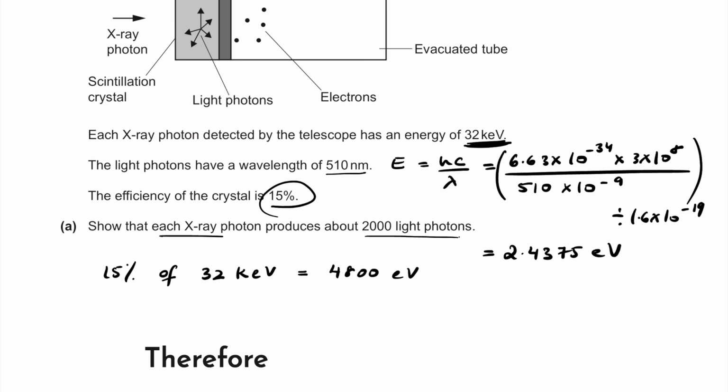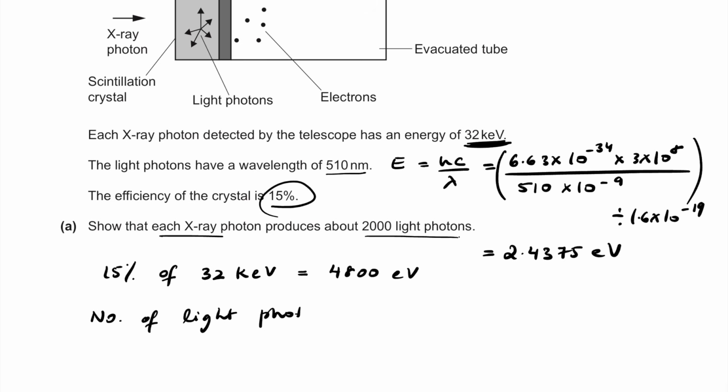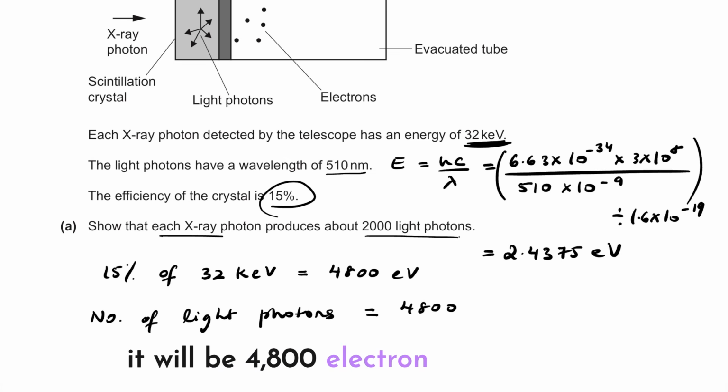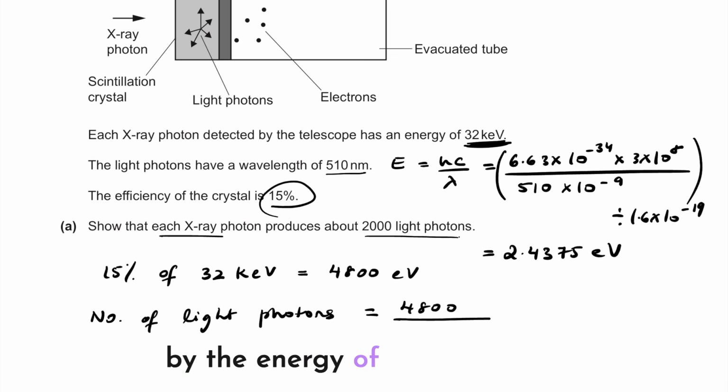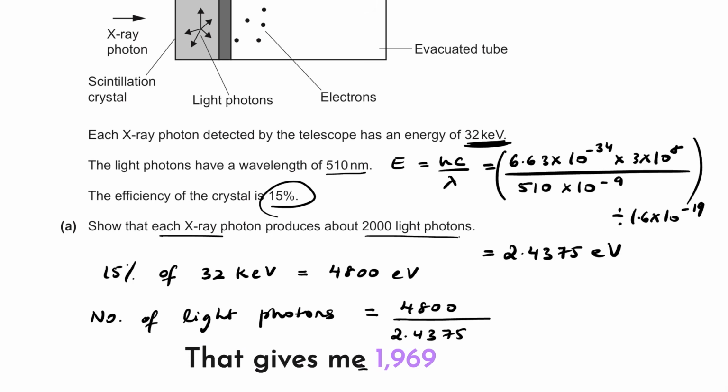Therefore, in order to work out the number of light photons produced, knowing that it's a one-to-one interaction, it will be 4800 electron volts divided by the energy of each of these light photons, which is 2.4375 eV. That gives me 1969 photons, and that rounds up to 2000 light photons. So I hope that makes sense.